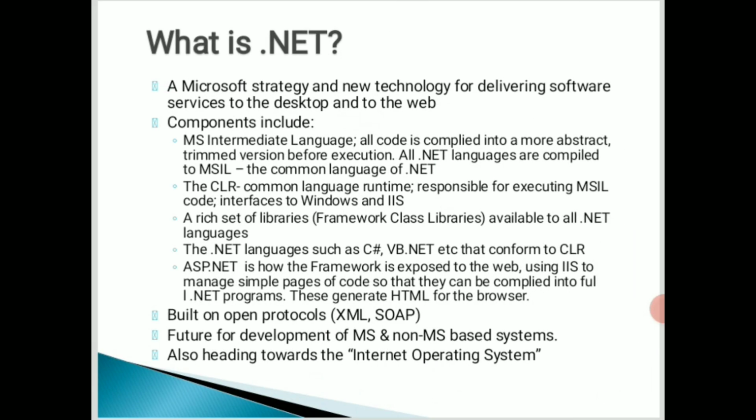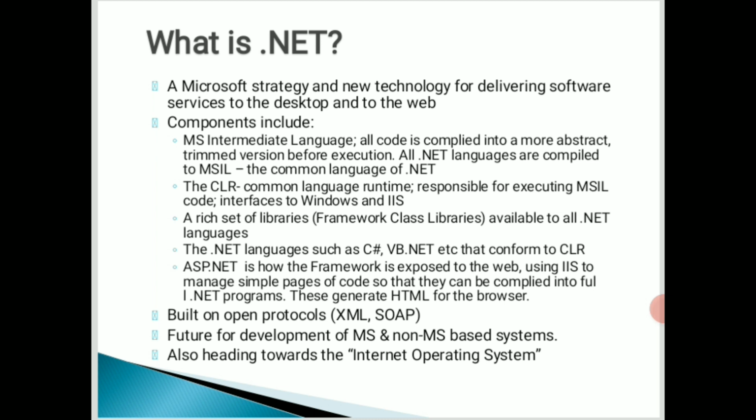What is .NET? A Microsoft strategy and a new technology for delivering software as a service to the desktop and to the web. Components included: Microsoft Intermediate Language. All code is compiled into a more abstract, trimmed version before execution. All .NET languages are compiled to MSIL, the common language of .NET.